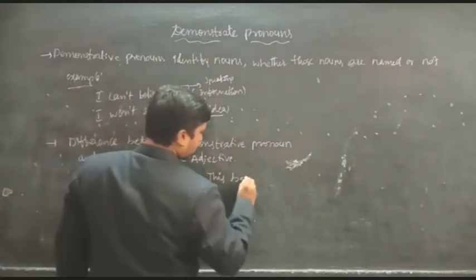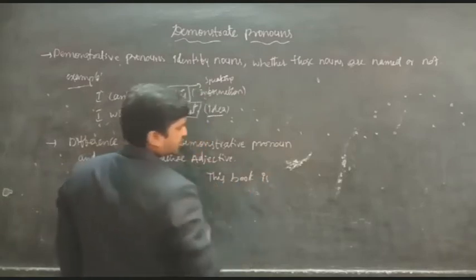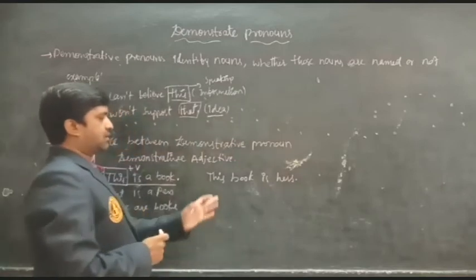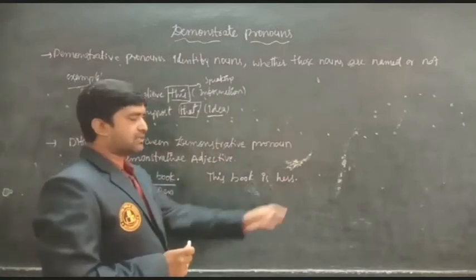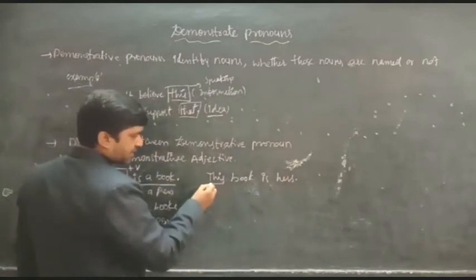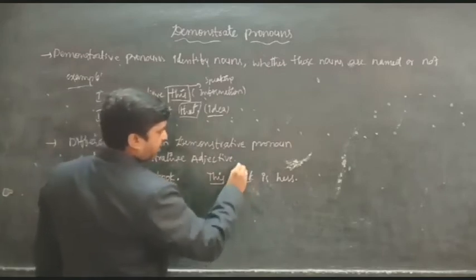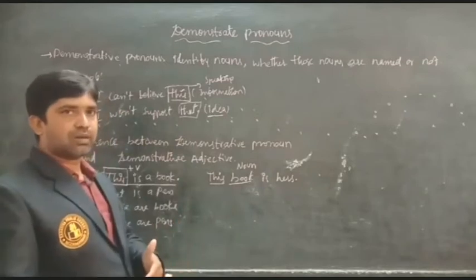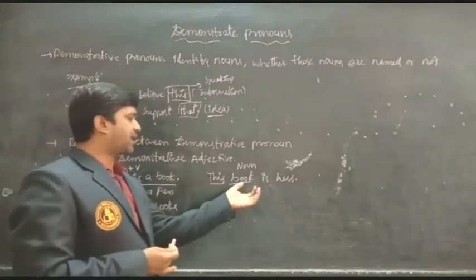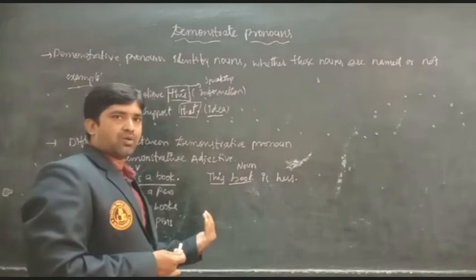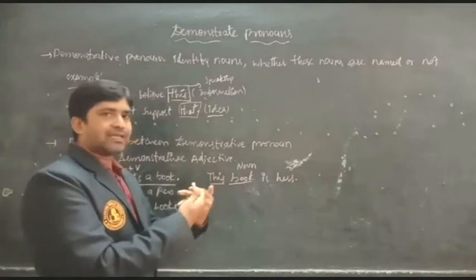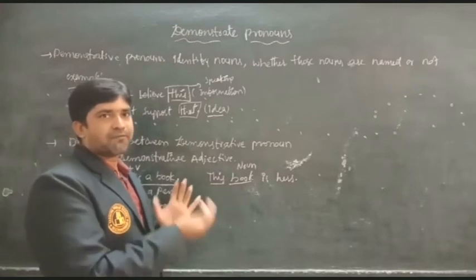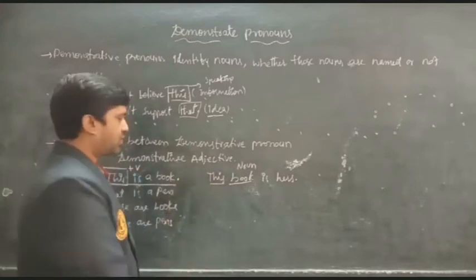This book is hers. This book is hers. Here, see, after this we are writing a noun. According to the rule, if we are using something before the noun, it adds something to the noun or qualifies the noun.